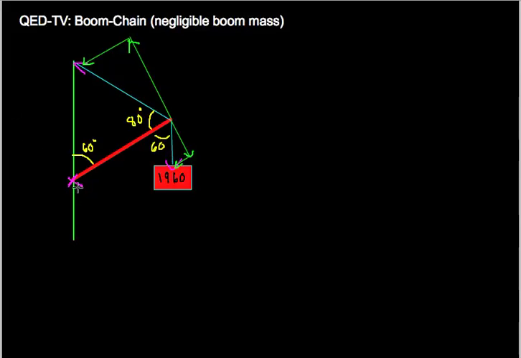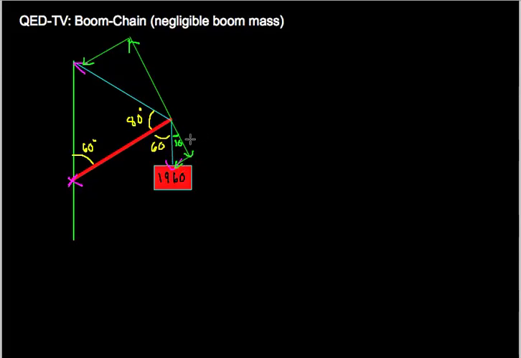Okay. And we're measuring from this point right here. If I want to figure out all of these sides here, the only one I really know is that this weight down here is 1960. And I know this angle in here would be, if this is 60, then this is going to be 30 degrees in there. And so I can figure out what this side is, first of all.